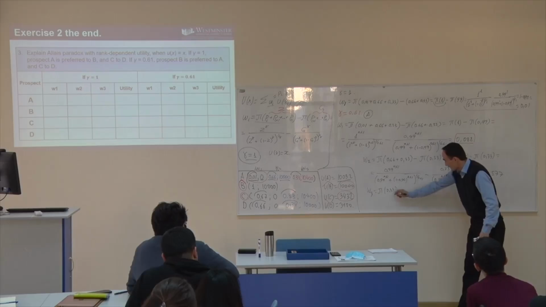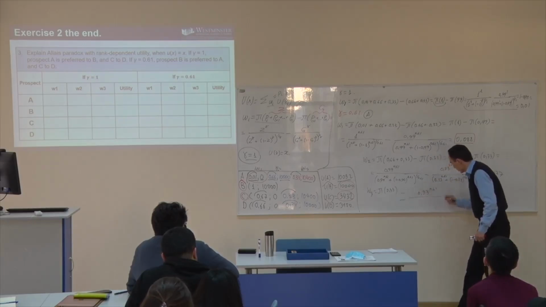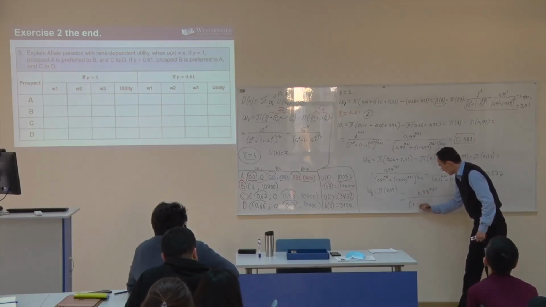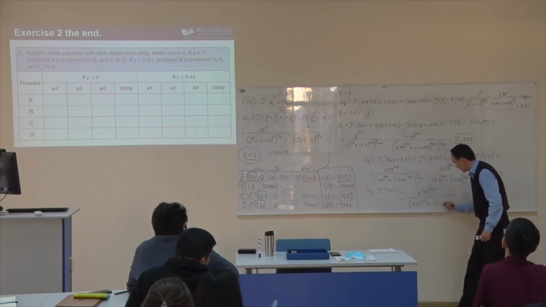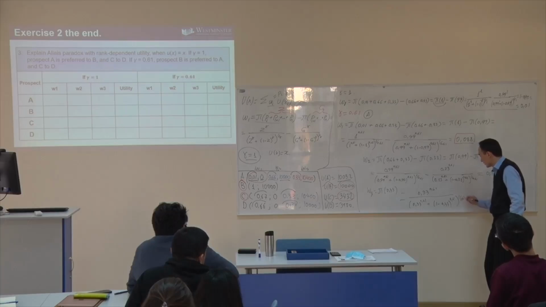So now let's find it. This will be equal to 0.33 in the power of 0.61 over 0.33 in the power of 0.61 plus 1 minus 0.33 in the power of 0.61, and everything in the power of 1 over 0.61.